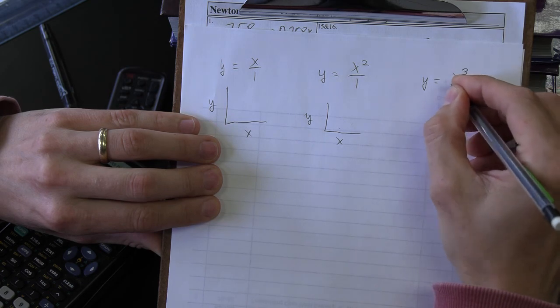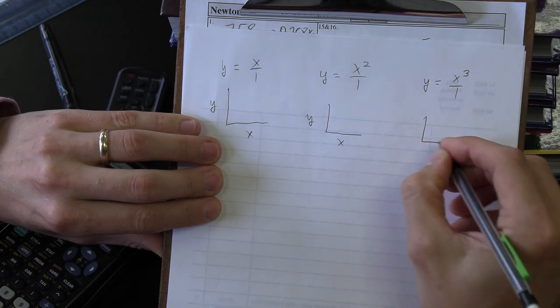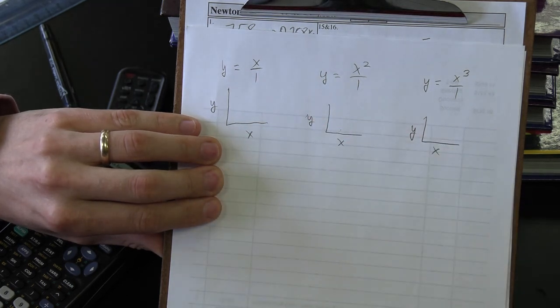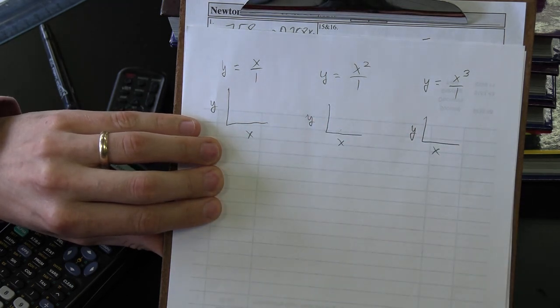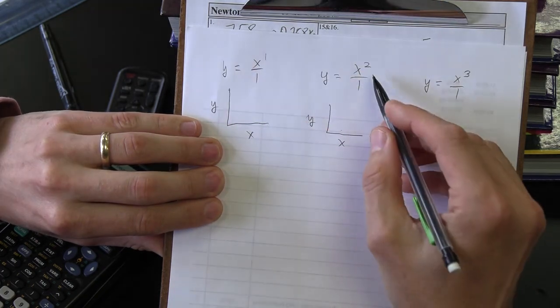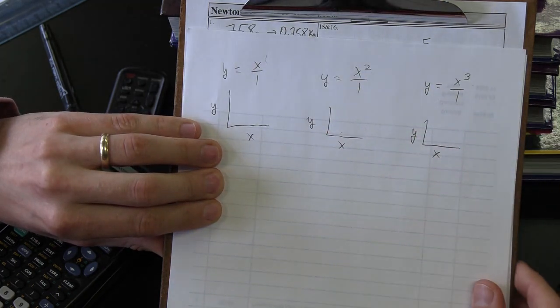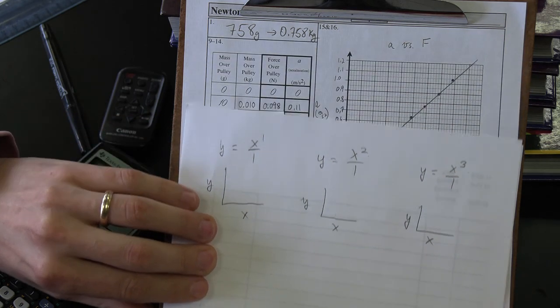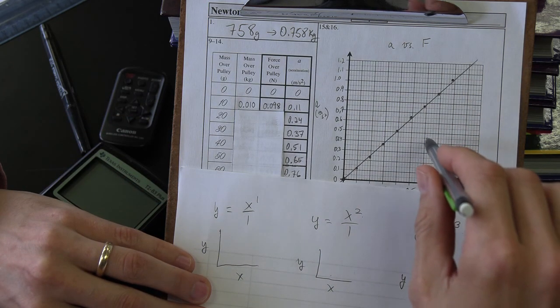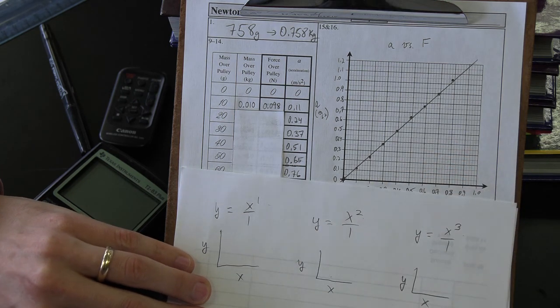Fill these in on a piece of scrap paper. You'll see different shapes depending on whether it's x to the 1 power, x to the 2 power, or x to the 3 power. Then look at your graph and explain why it matches x to the 1 power based on shape alone.